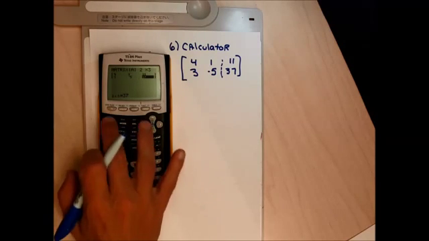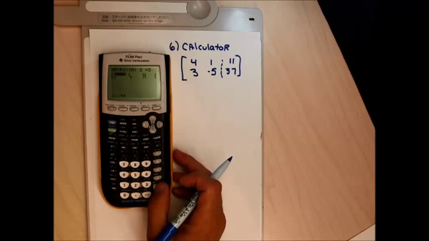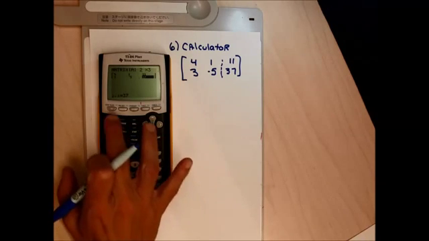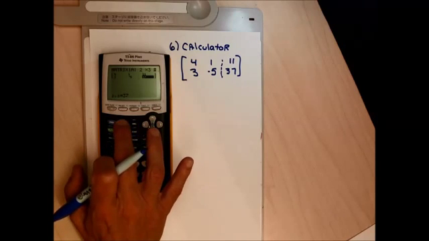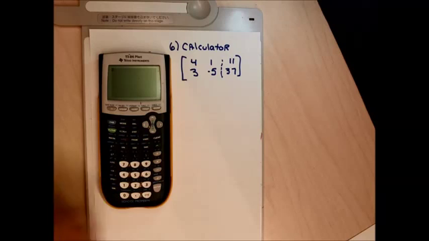So I did second matrix, edit, typed in 2, enter, 3, enter, entered all the appropriate values, and now that I have it entered, I hit second and mode for quit to get out of the matrix. Let me clear this main screen by just hitting clear.